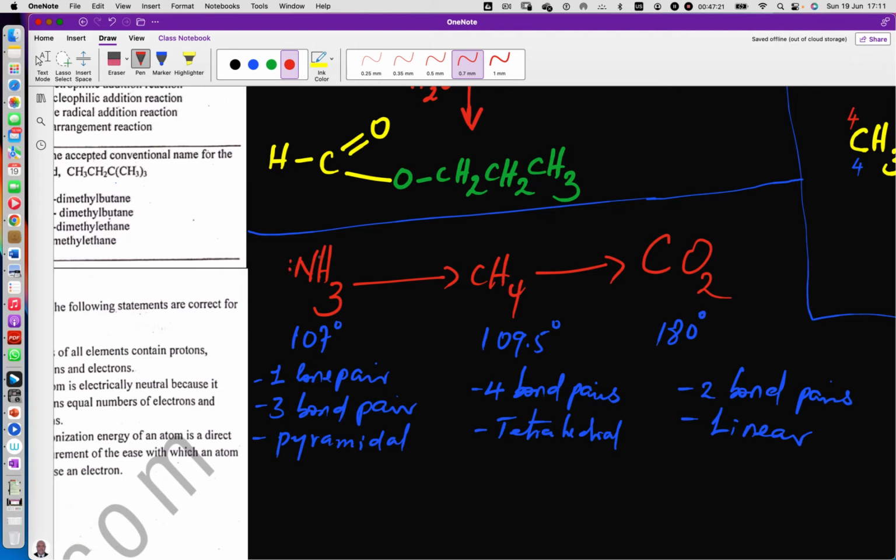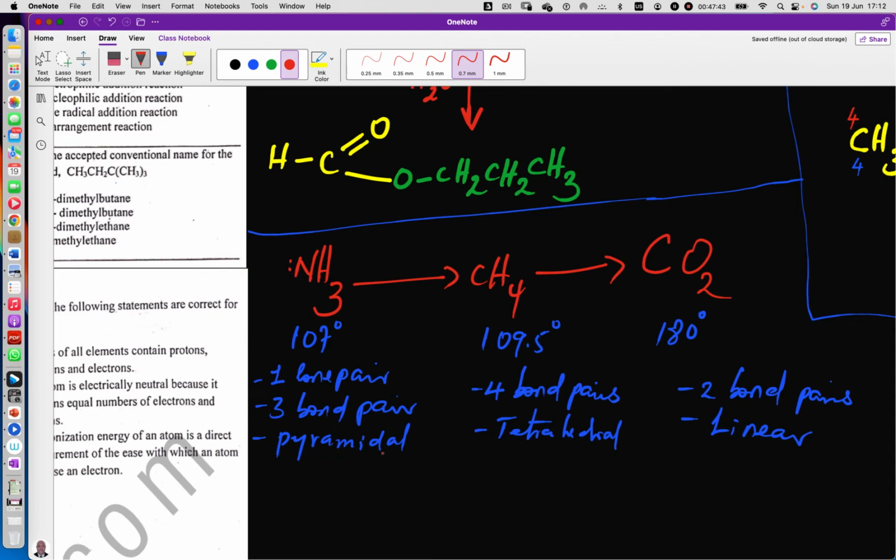How many bonding pairs of electrons? We have 3 hydrogens, so there's a bond here, here, and here. So one lone pair and 3 bonding pairs. The lone pair causes repulsion, and that results in a pyramidal shape.